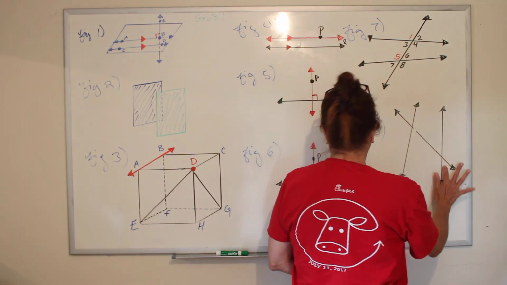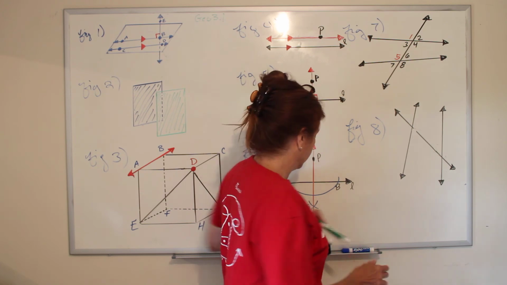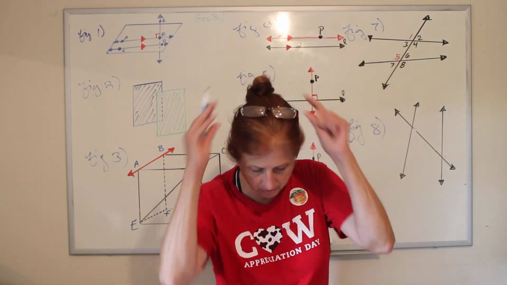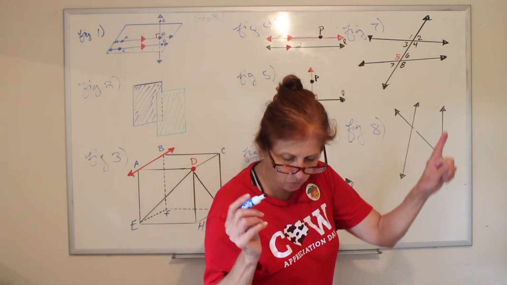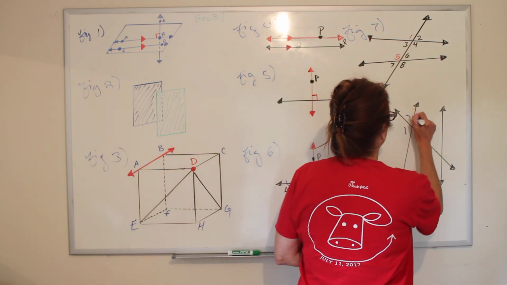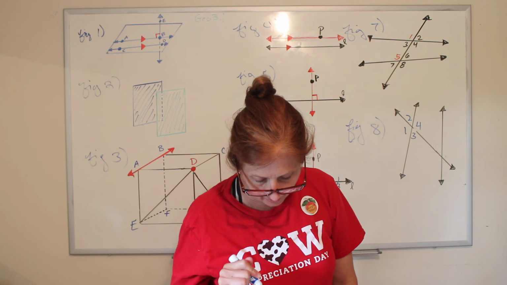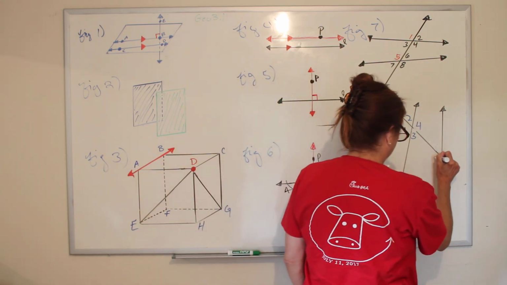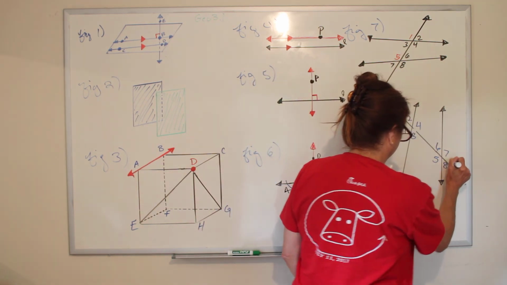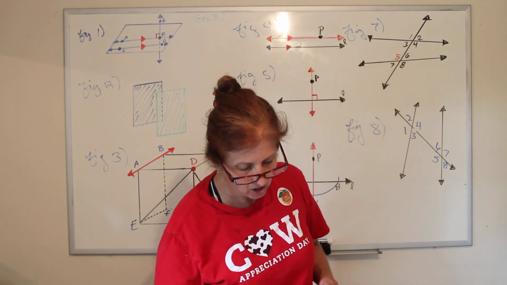Take all those off and try again. All right, so let's use blue. So this one should be 1, 2, 3, 4 is how they labeled that one, and this one's 5, 6, 7, 8. All right, so let's start again here.